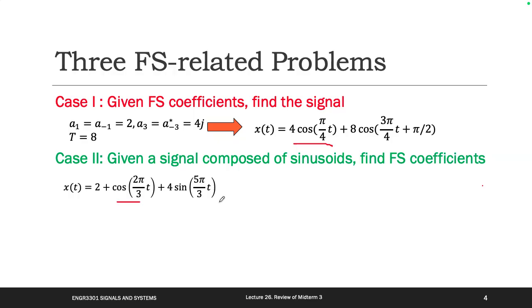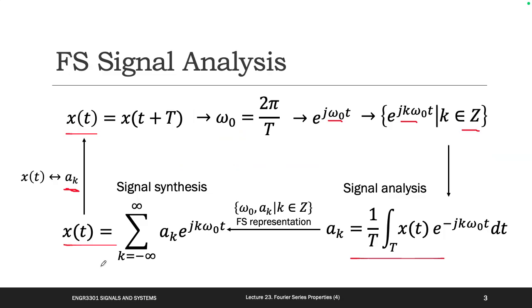For the sinusoidal signals, we can use the Euler equation to transfer the sinusoidal signal to an exponential signal, am I right? An exponential complex function, which means you can transfer those parts to exponential functions. For the exponential function, you can use signal synthesis to compare and then find the FS coefficient.